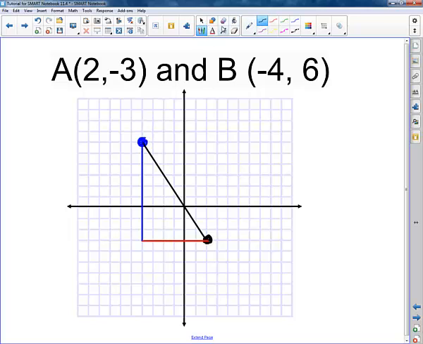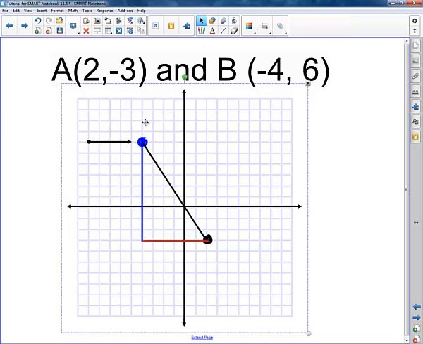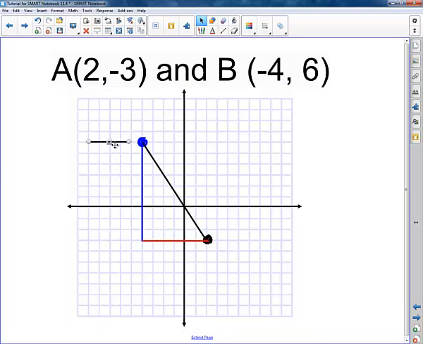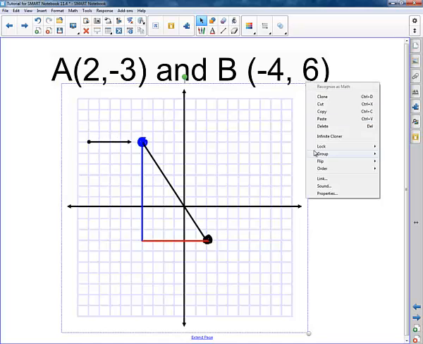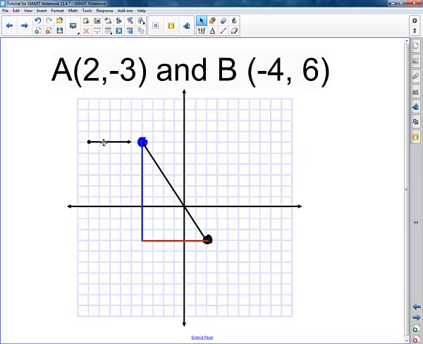Okay, so the rise, going down. Let's do it. Okay, so I got my little pointer. So from there it's going down 1, 2, 3, 4, 5, 6, 7, 8, 9. So I went down 9.